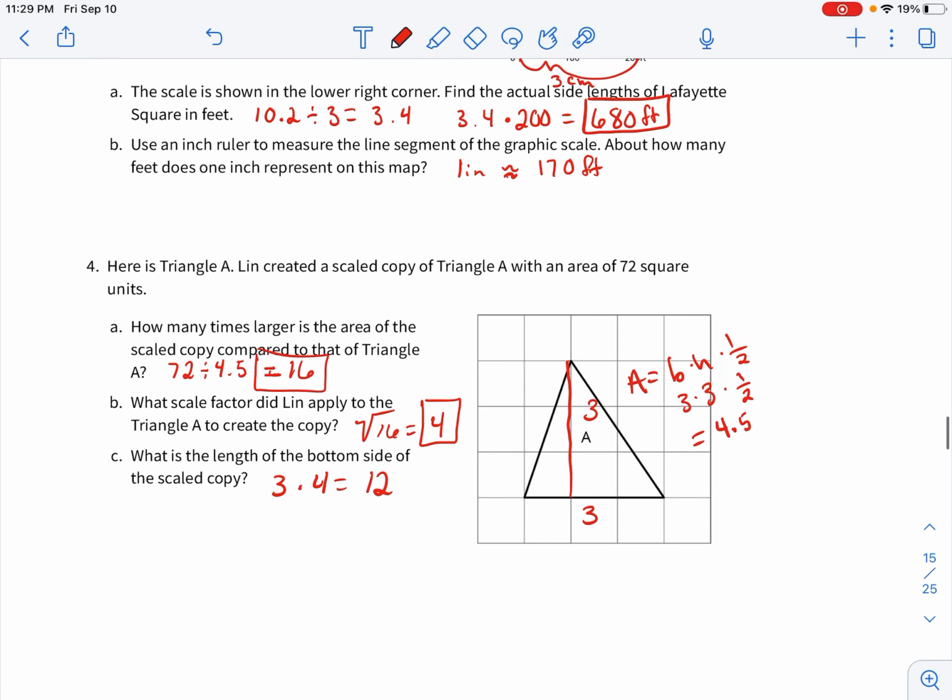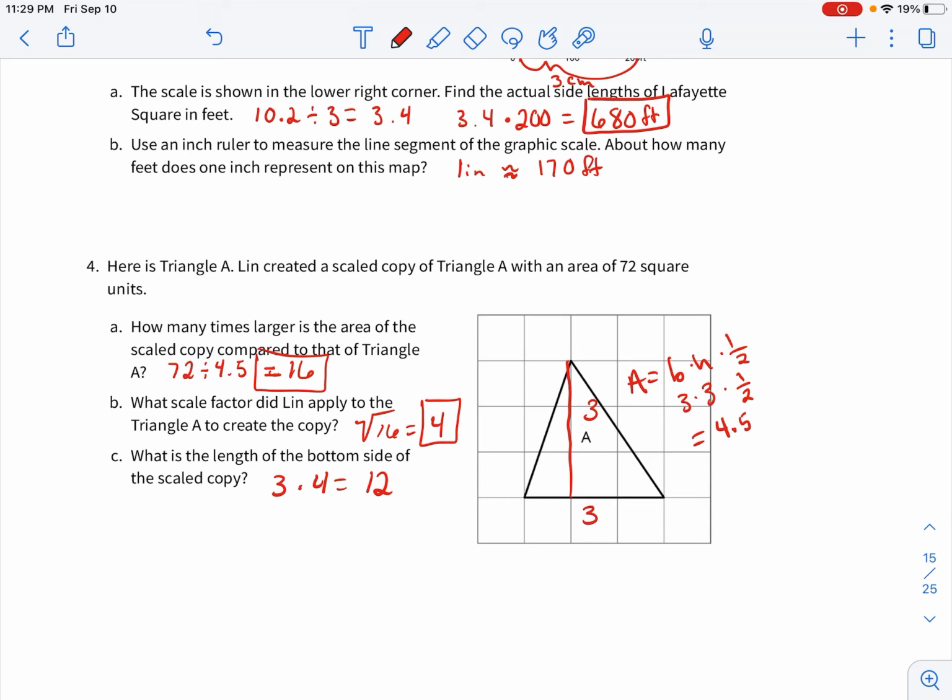All right, and then the last problem, it says, here's a triangle A. Lynn created a scale copy of the triangle A with an area of 72 square units. How many times larger is the area of the scale copy of triangle A?